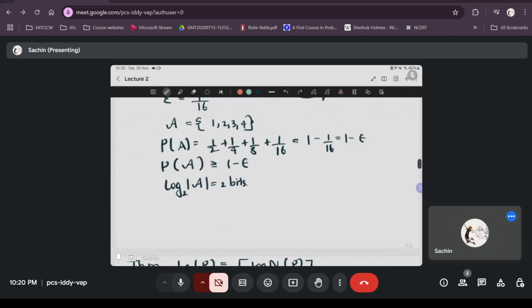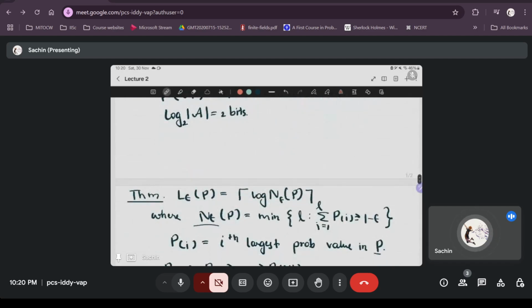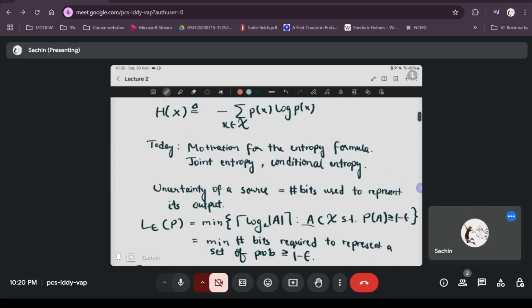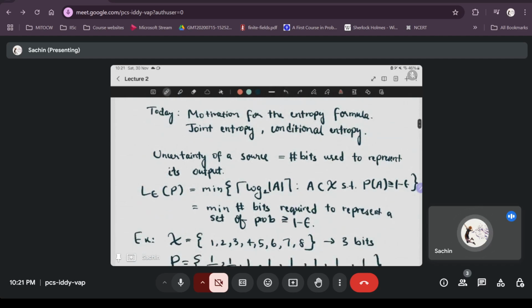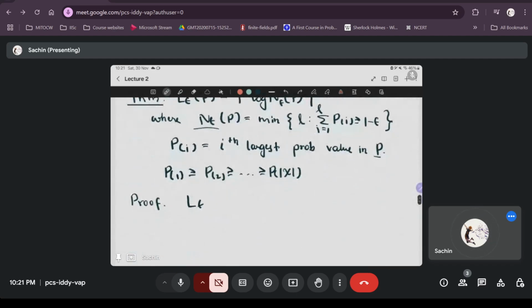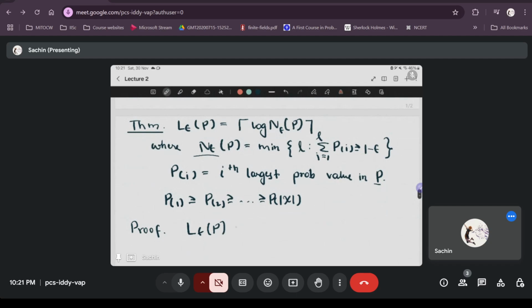So this n epsilon of p is one of the A's here, and this L epsilon of p is the minimum among all the sets A. So this L epsilon of p is just by construction less than or equal to ceiling of n epsilon of p. That is straightforward.